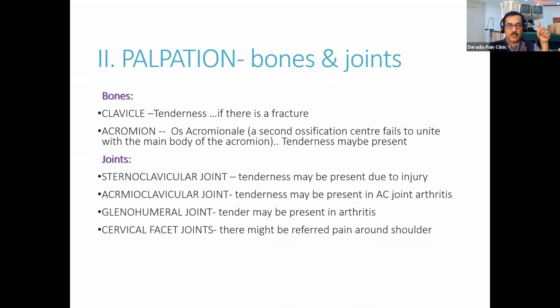So we should palpate the acromion, the clavicle, and some of the joints. The sternoclavicular joint, as already told, is one part of the shoulder joint, so you can palpate that. The acromioclavicular joint from above. Then the glenohumeral joint, anteriorly as well as posteriorly. And the cervical facet joints should also come in because, as I told you, they are one of the very common causes of shoulder pain. So these are the bones and joints.